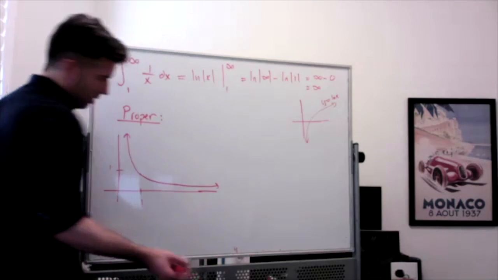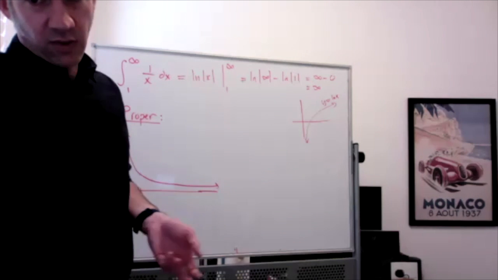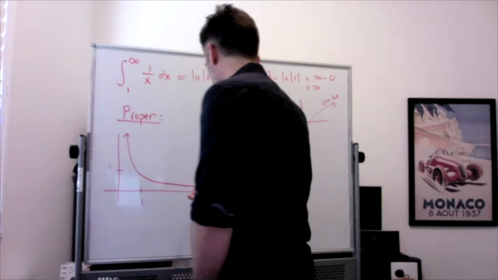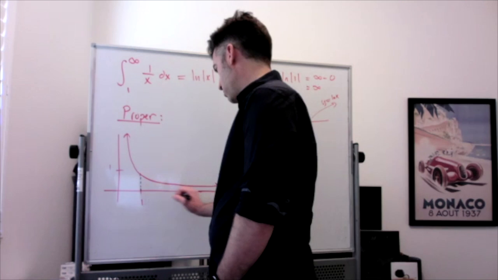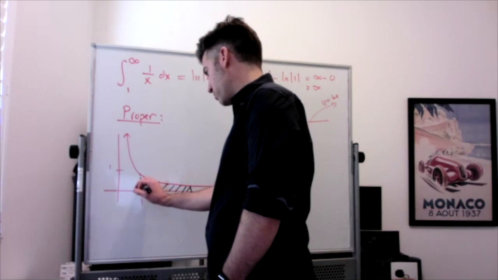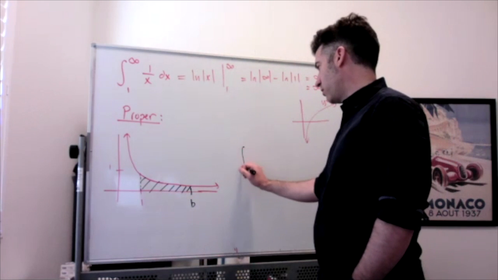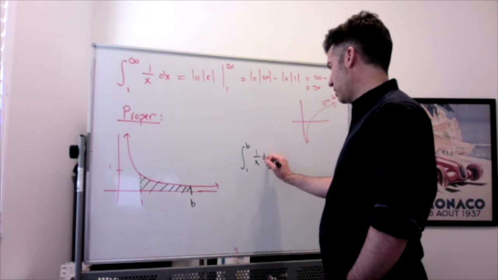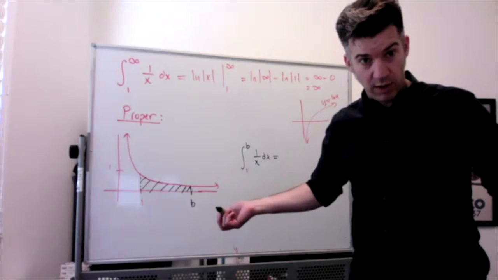Instead of trying to do the whole thing, we're going to look at the integral from 1 to b, which is some amount of variance. I can say the integral from 1 to b of 1 over x dx is totally fine, because b is representing a real number here.